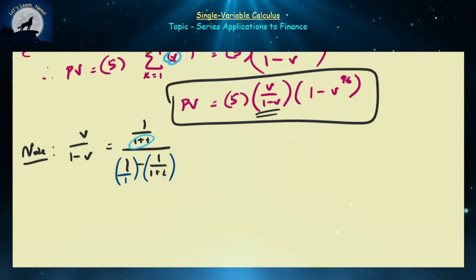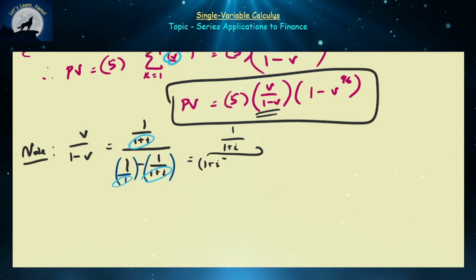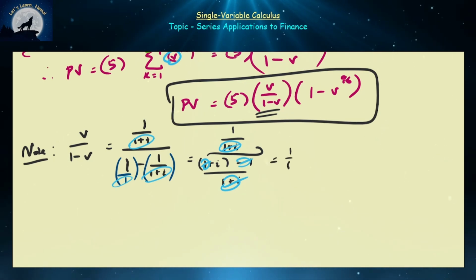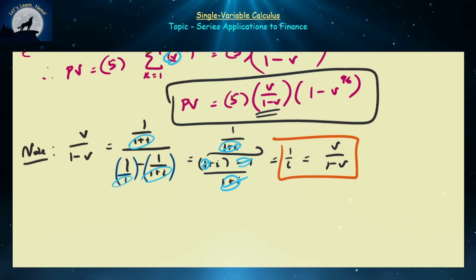So what I'm going to have here is 1 over 1 plus i all over 1 plus i minus 1 all over 1 plus i. These 1 plus i's will cancel, and also these 1's will cancel, and we're just going to be left with 1 over i.